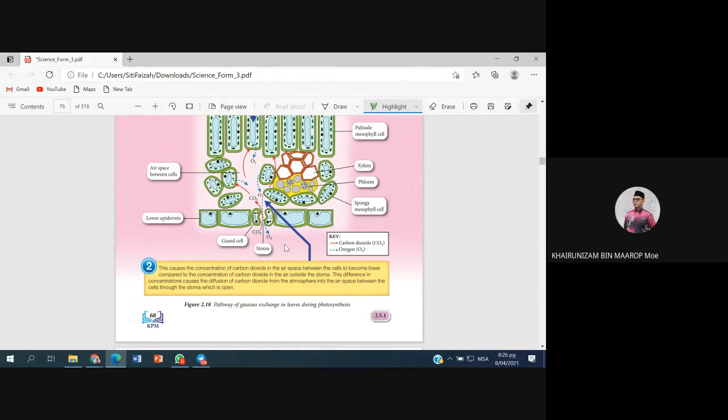So that's why the oxygen will move out or be released from the leaf.